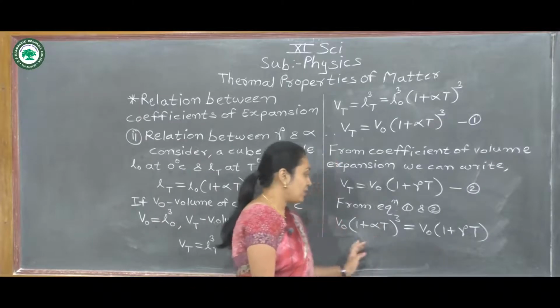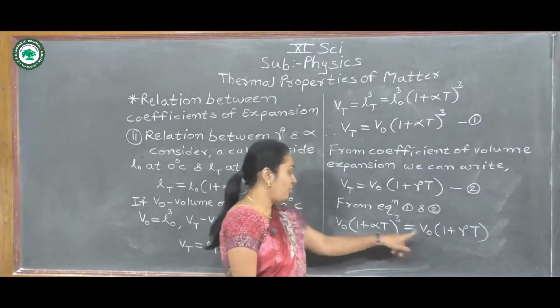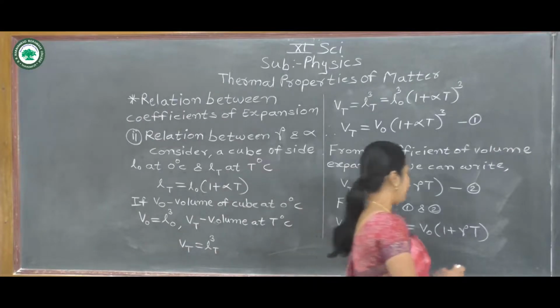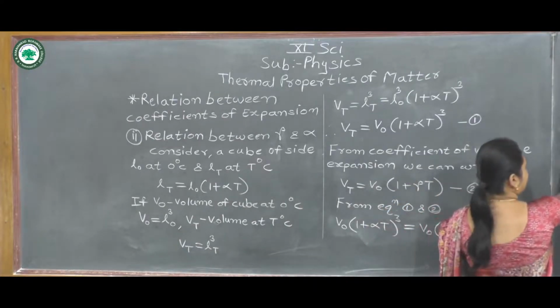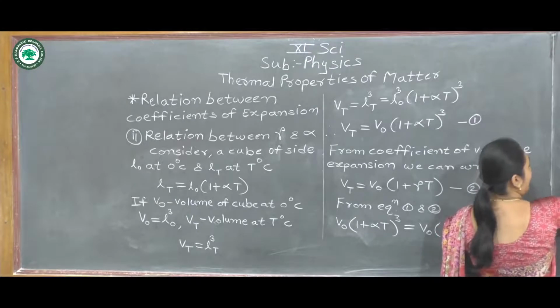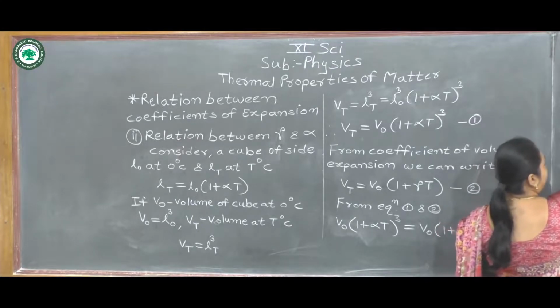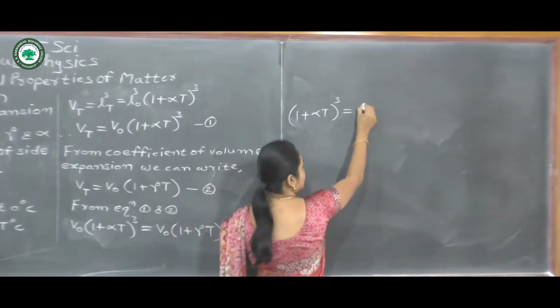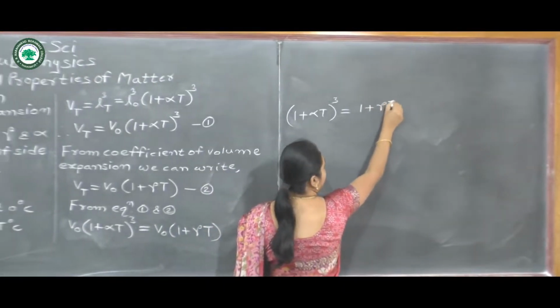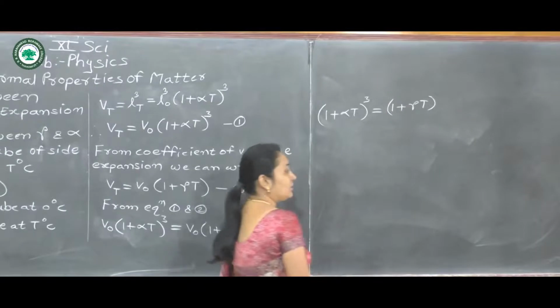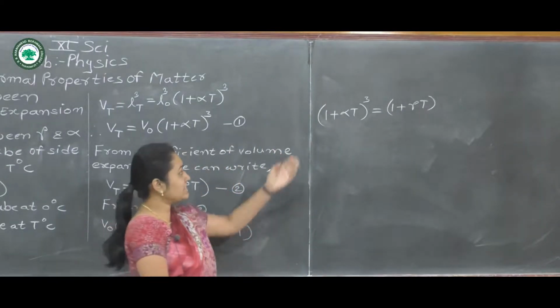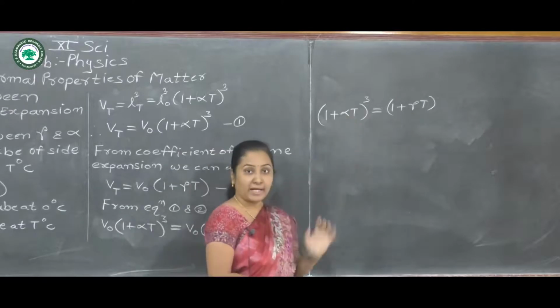Now in these two equations V0 is common, so we can write in the next step 1 plus alpha t bracket cube is equal to 1 plus gamma t. Now we will use the formula of the cube, that is a plus b bracket cube.